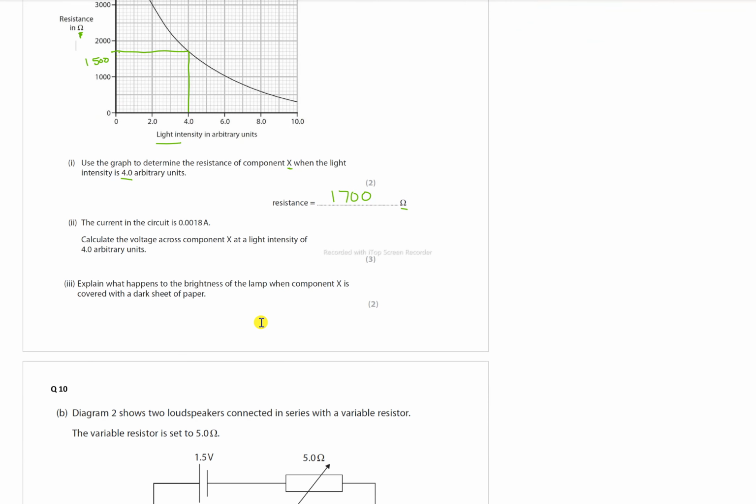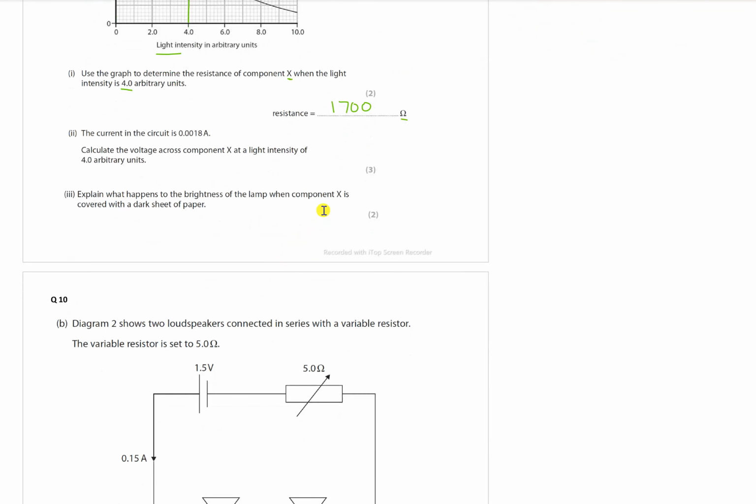So we're going to go over here. We're going to write down voltage equals I times R. We need to calculate the voltage. So we know the current is 0.0018. We're going to multiply it by the resistance of 1,700, which we worked out from that graph.